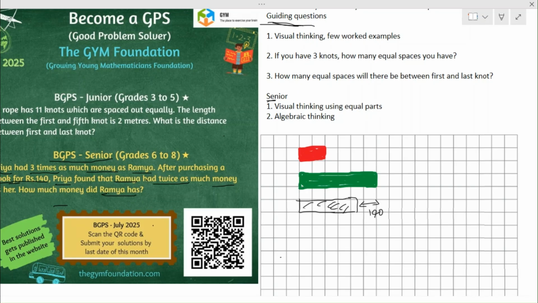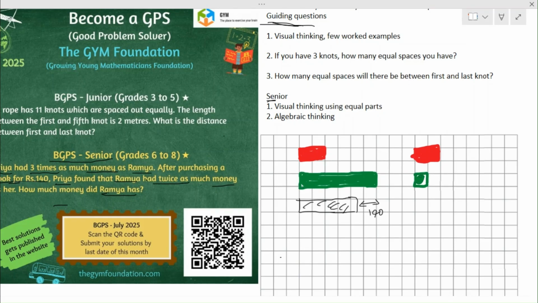So let's redraw this. Ramya has two square blocks, and Ramya has twice as much money as Priya. What does that mean? Ramya is two times that of Priya. So if Ramya has two blocks, how many blocks should Priya have after buying the book? So this is before and this is after.